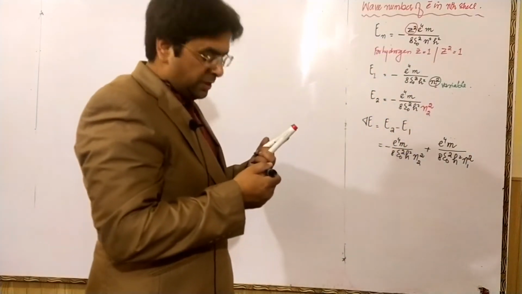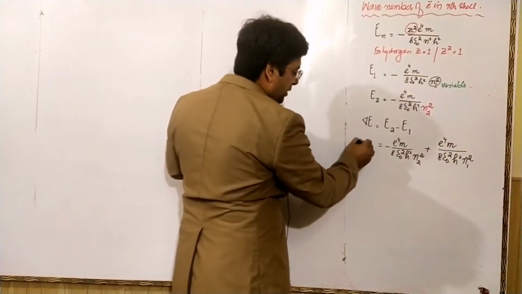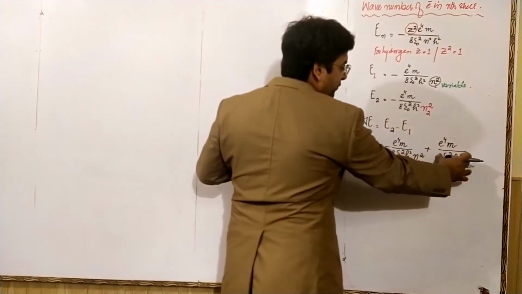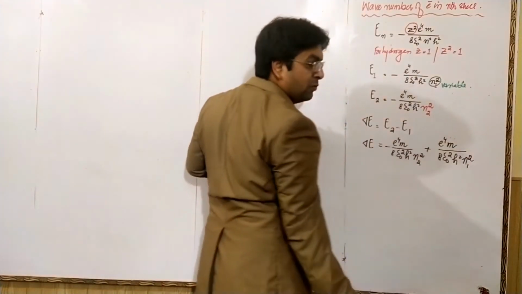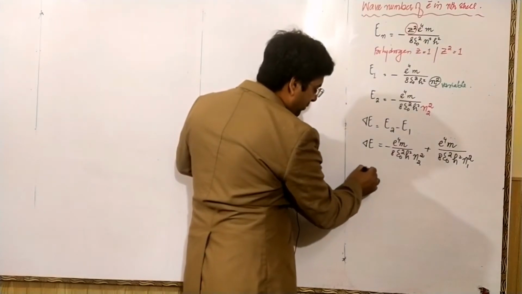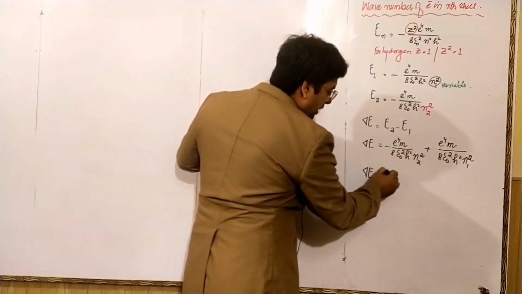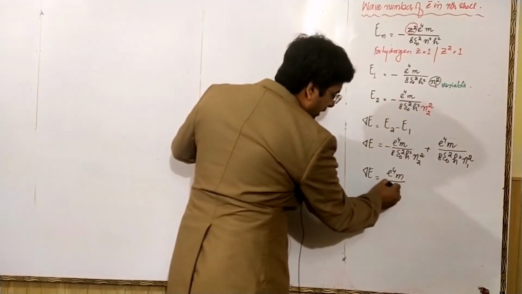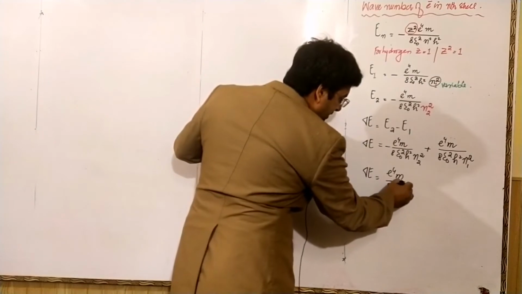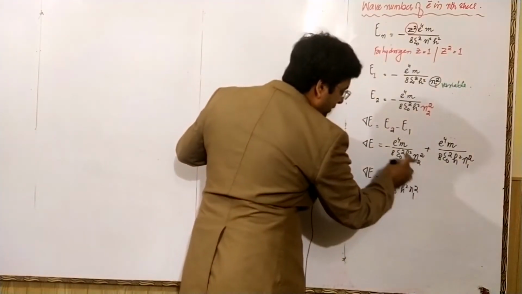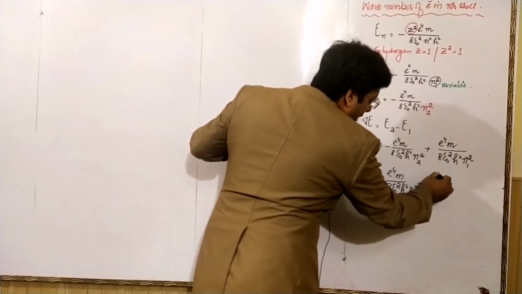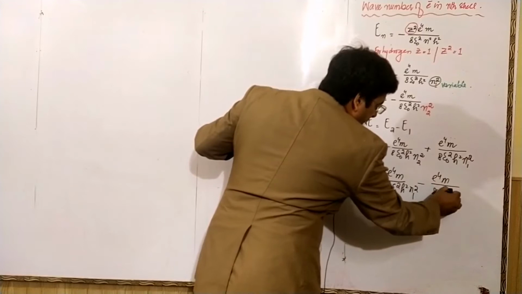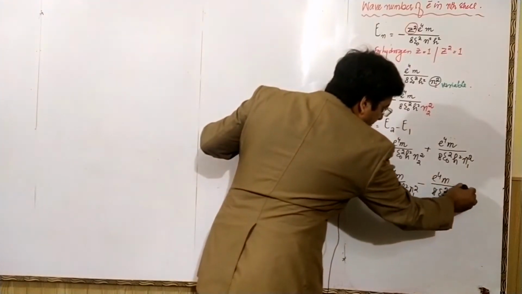As it is a positive value, we can rearrange this equation by writing the positive value first and the negative value second. Delta E will become equal to e^4 m divided by 8 epsilon naught square h square n1 square minus e^4 m divided by 8 epsilon naught square h square n2 square.